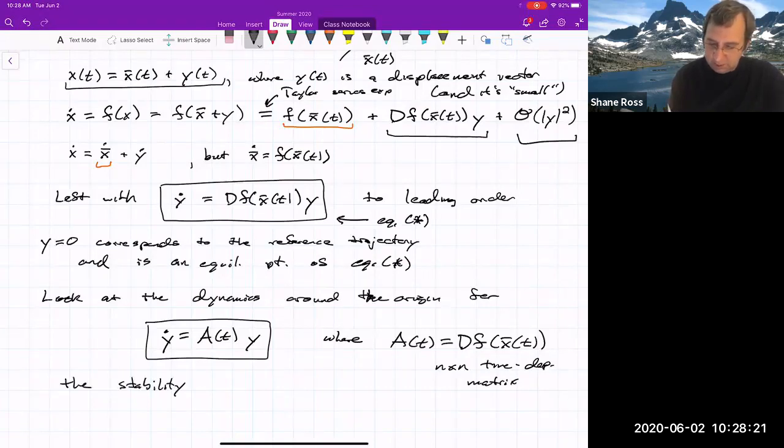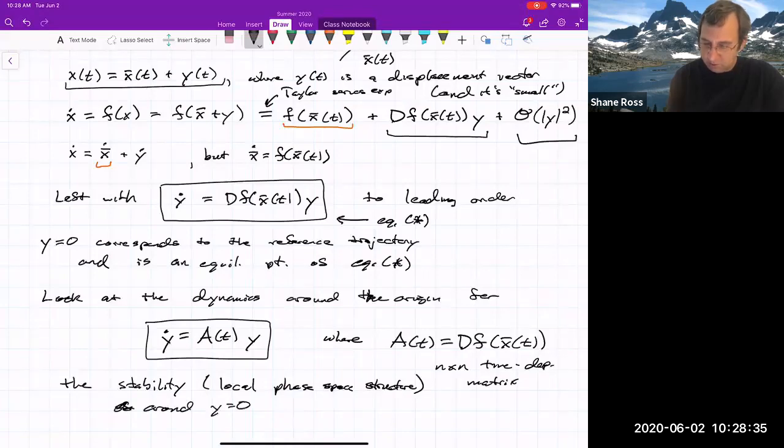So the stability, or more generally, the local phase space structure around y equals 0 gives us the stability and the local phase space structure around the reference trajectory.